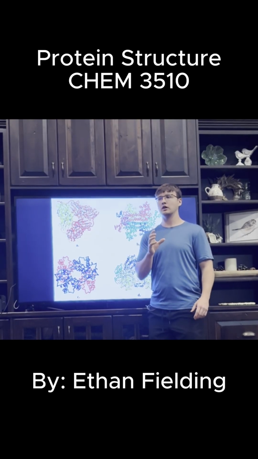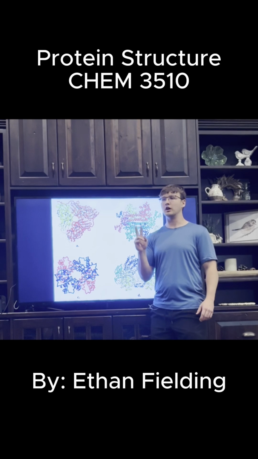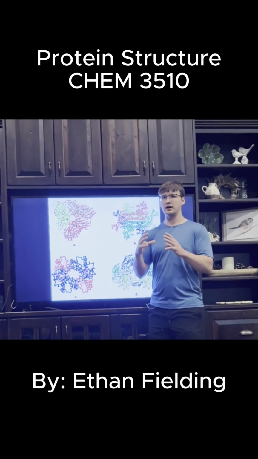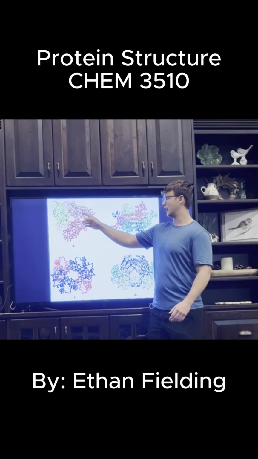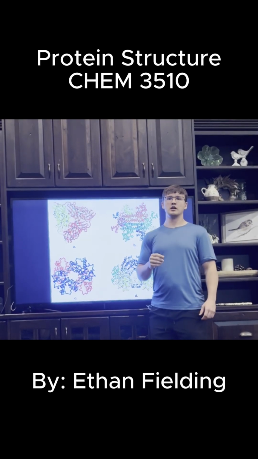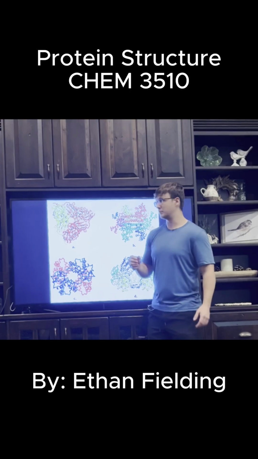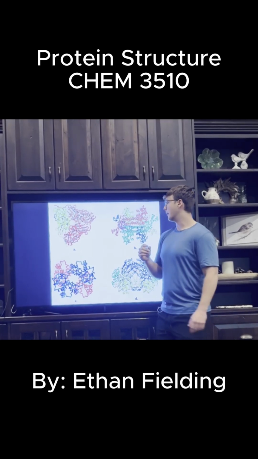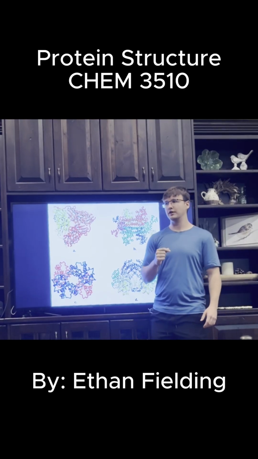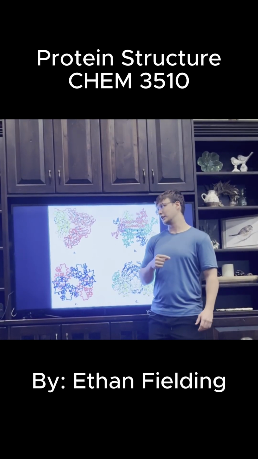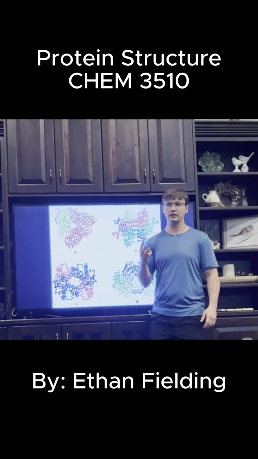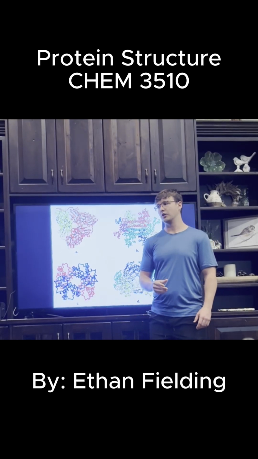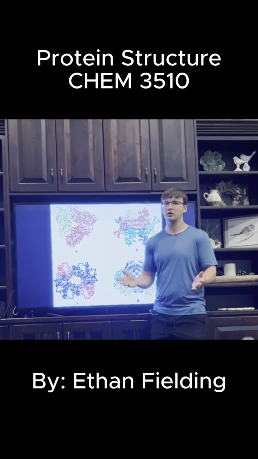So a homodimer would be two of the same tertiary structures combined into one quaternary structure. And a homotrimer would be three tertiary structures stuck into one, all the same. And then you can also have a heterodimer or heterotrimer. Hetero meaning they're different, so you can have three different tertiary structures, and that would be a heterotrimer.